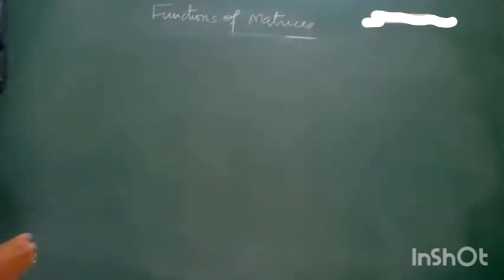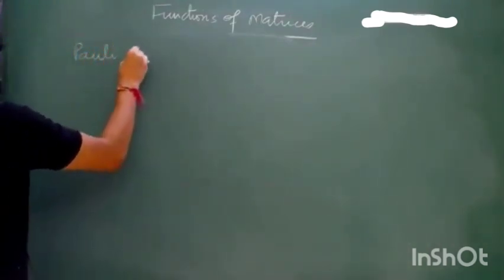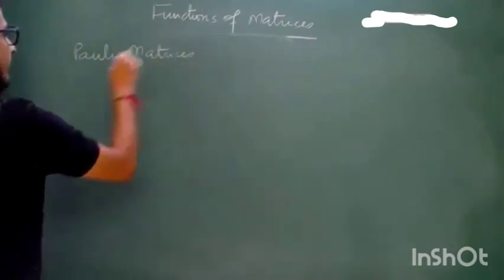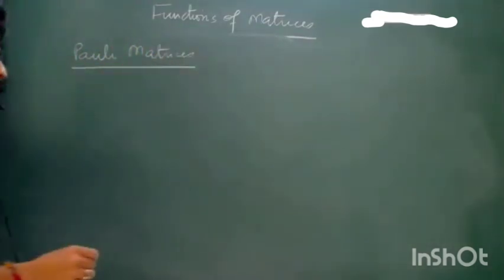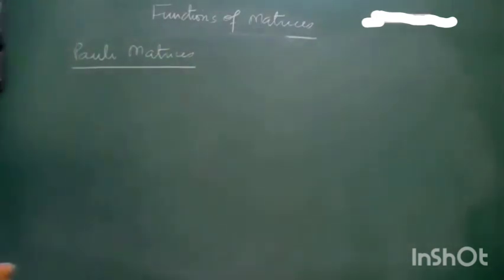Now a very special matrix in quantum mechanics is the Pauli matrices. You have heard about it in quantum mechanics? Yes, sir. Pauli matrices have very unique properties.